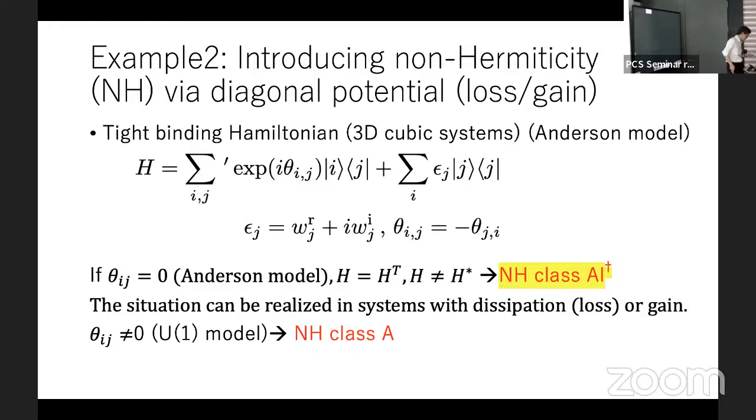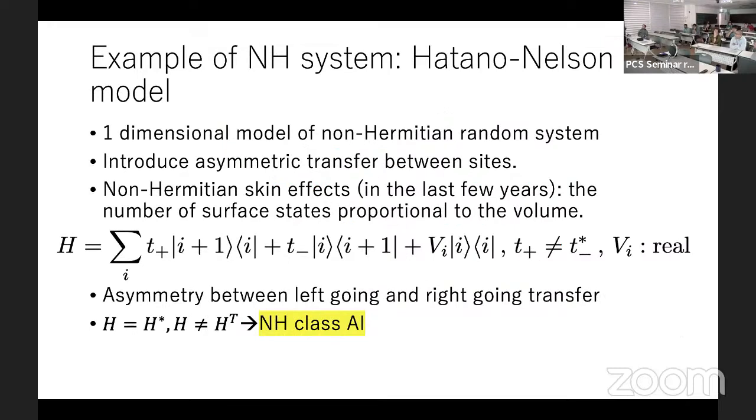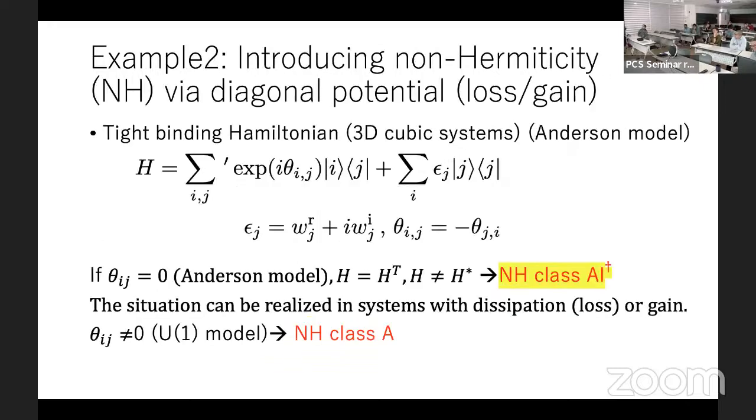Yes, are there any classes associated with just the skin effect systems? Yes. I mean, there's an on-site disorder, but I'm curious, in principle, you have a localization that would be zero. Is that still following one of the classes? Yeah, the Hatano-Nelson has the skin effect. But we don't need the asymmetry of the hopping.